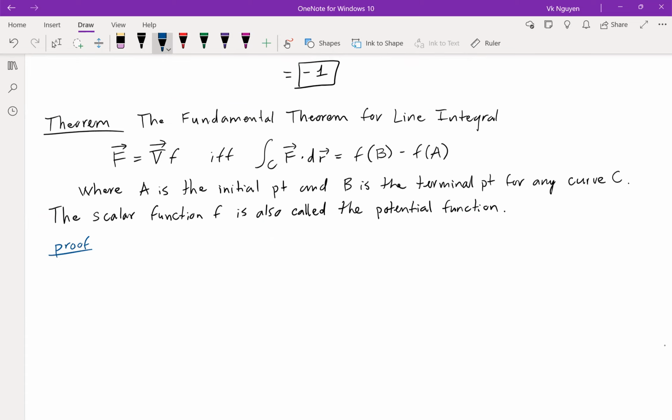Well, if you want to run through the proof of this if and only if, you've got to go all the way.